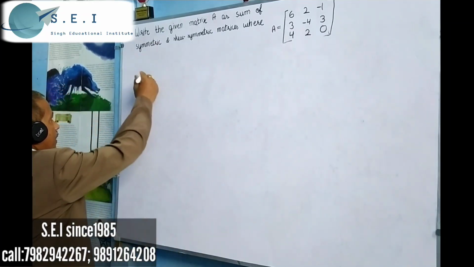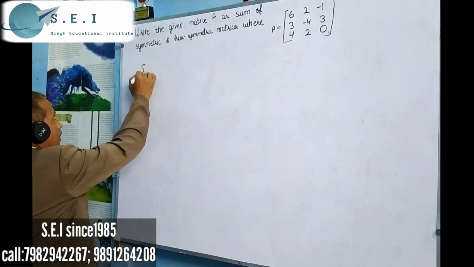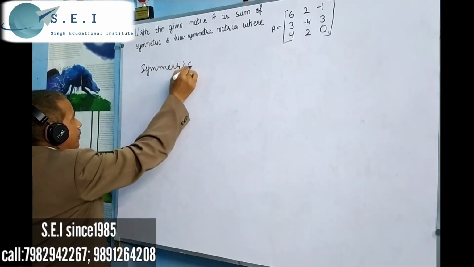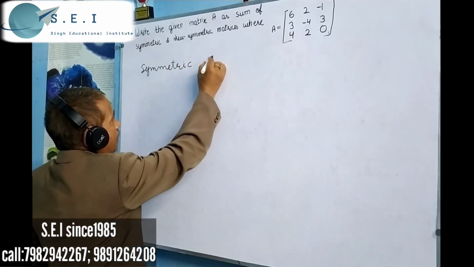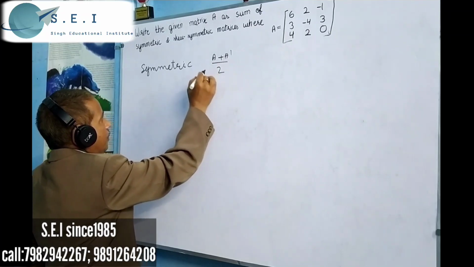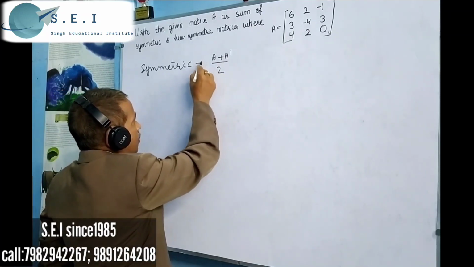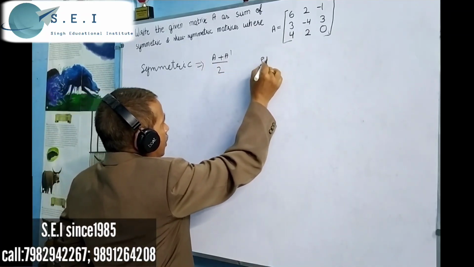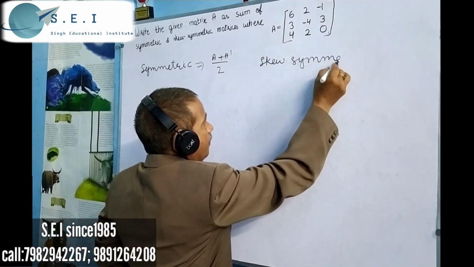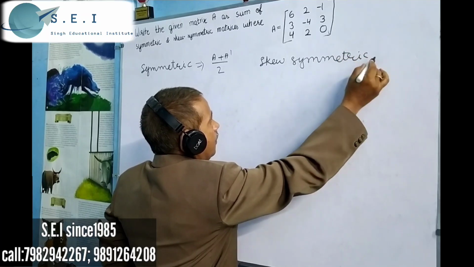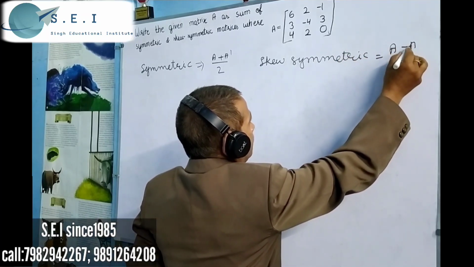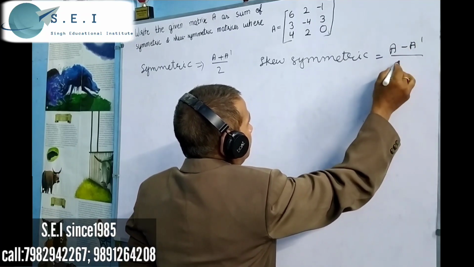So the formula for getting the symmetric matrix is A plus A transpose divided by 2, and for the skew-symmetric matrix it is A minus A transpose divided by 2.